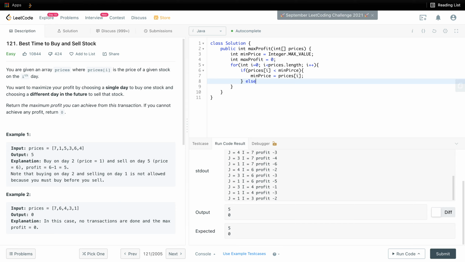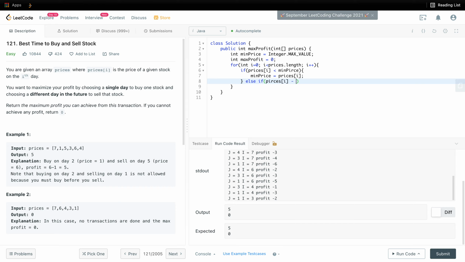Else, if prices of i, it means current price, is not less than minimum price, it means it is equal to minimum price or greater than minimum price, right?